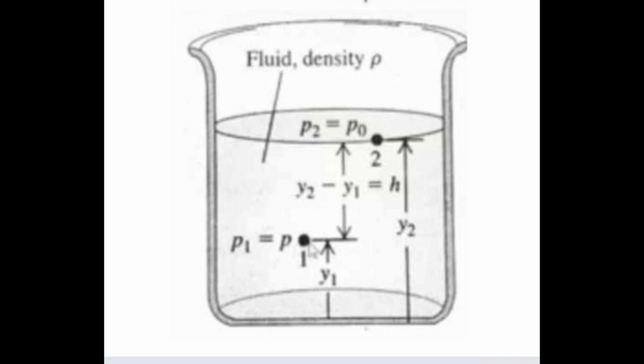Second, we have point 1 at a depth of height, which shows the pressure as P sub 1 equivalent to pressure. The difference in height between these two points is represented by y sub 2 minus y sub 1 equivalent to h, or height. The fluid has a density, and gravitational force acts downward.